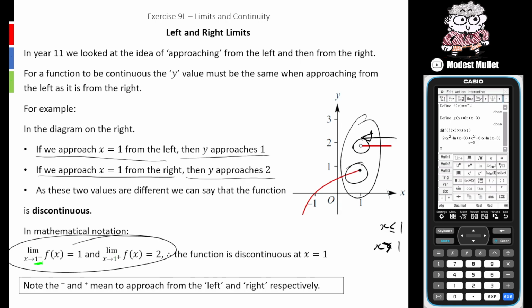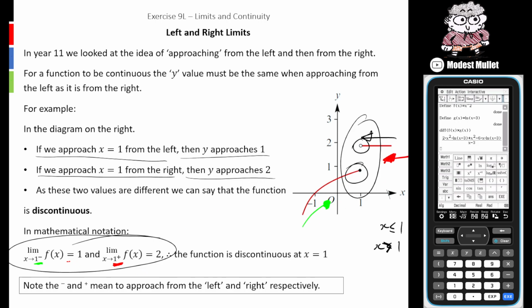When there's that little negative after it up on the top right, that means we're approaching from more negative values, so from the left. And this positive sign means we're approaching 1 from more positive values, so we're coming from the right.